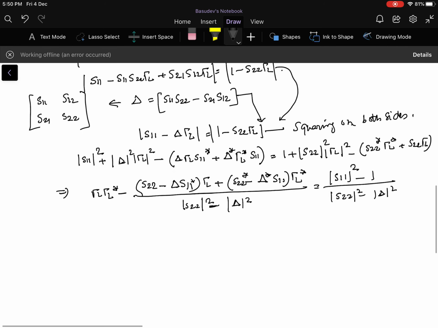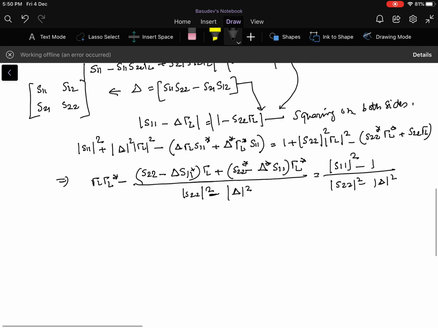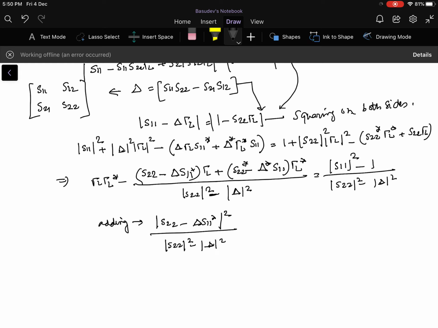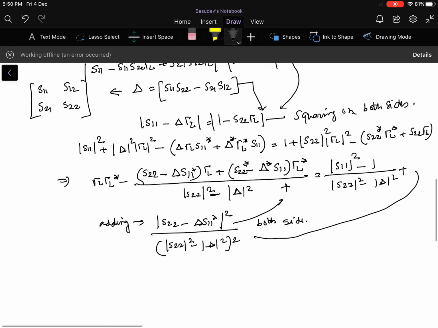Now what I have to do is add a quantity: (S22 minus Δ S11*) squared divided by (|S22|² minus |Δ|²) whole squared, on both sides. So this quantity I have to add here, and also here. Why am I doing it?